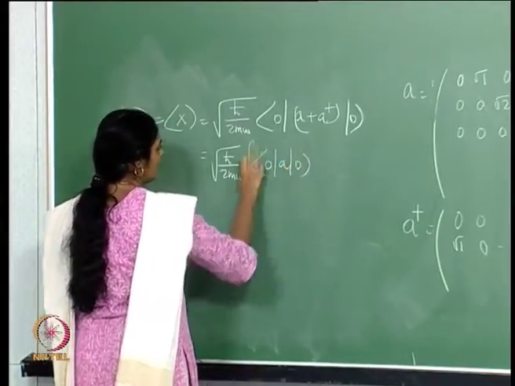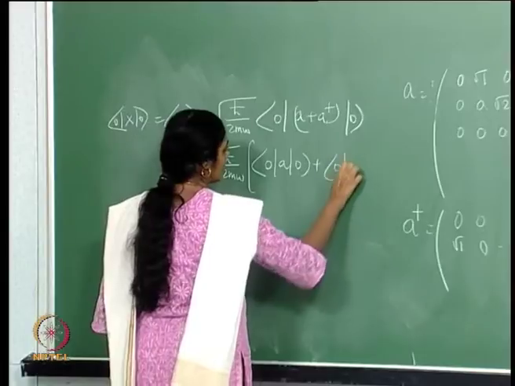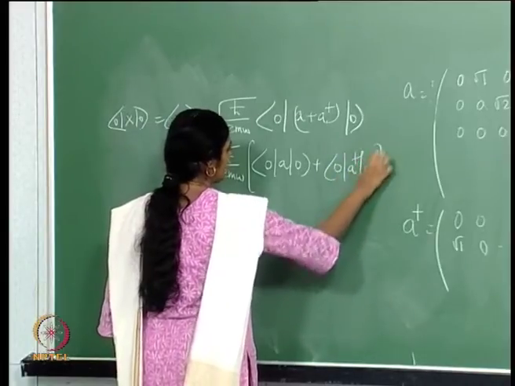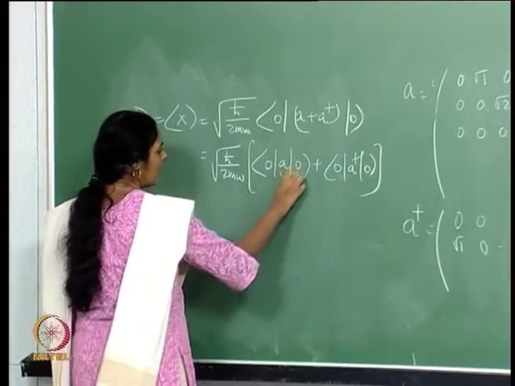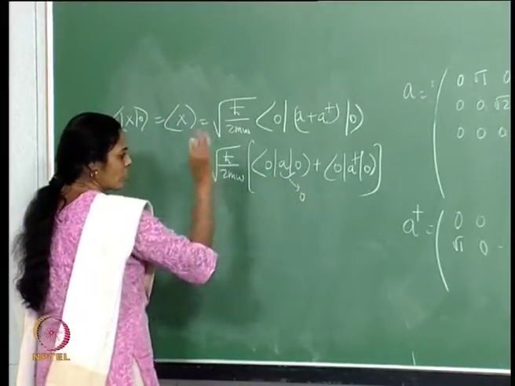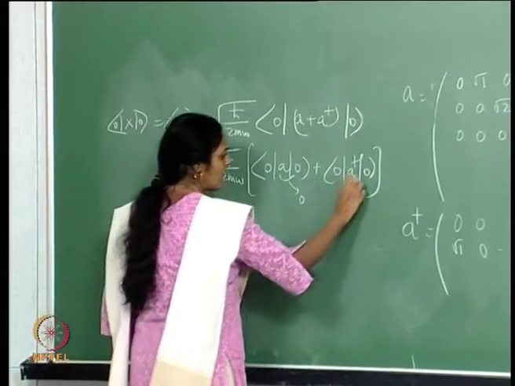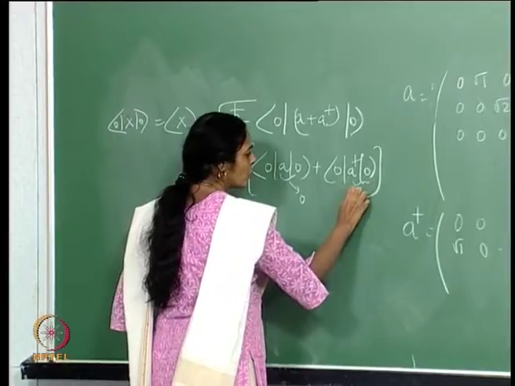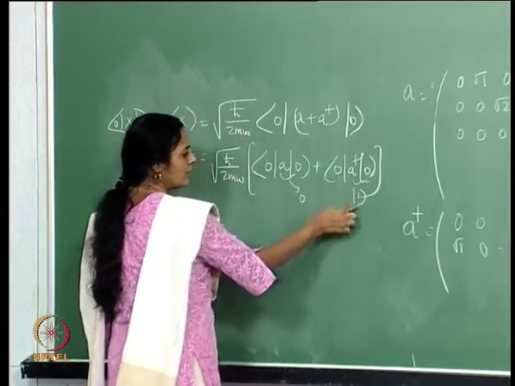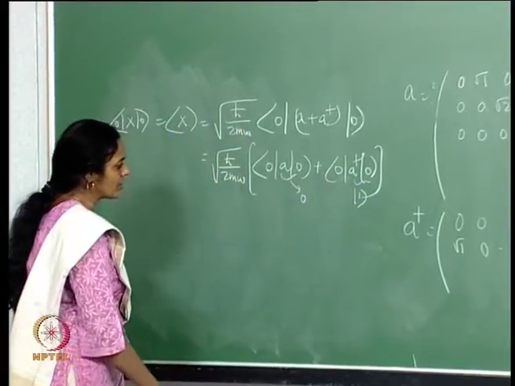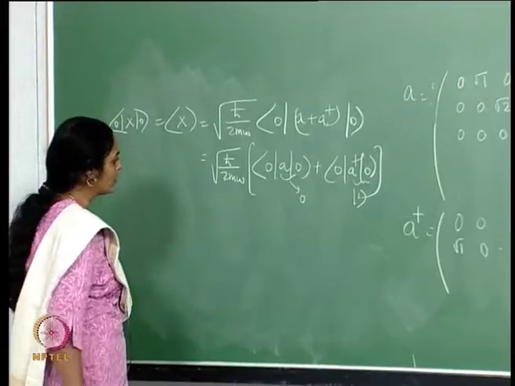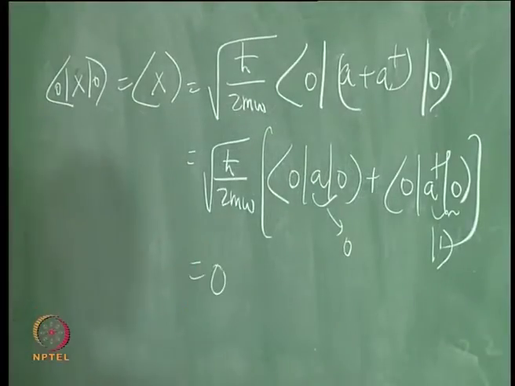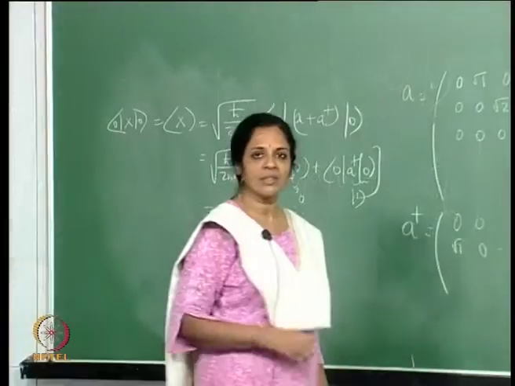So, that is the first term and this is the second term. Now, a acting on 0 is 0, so this term drops out. Now, a dagger acting on 0 is root 1 ket 1, and because of orthonormality of the states, ket 1 is orthogonal to ket 0 in any case. So, expectation value of x in the ground state of the oscillator is 0.